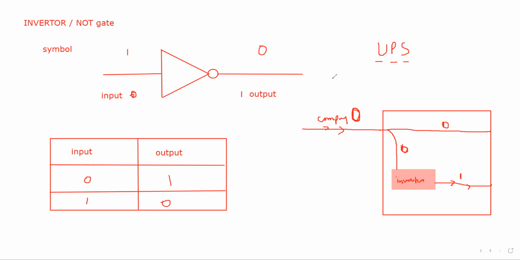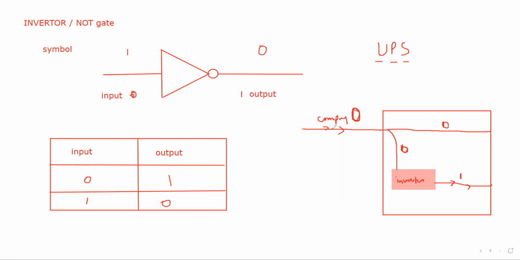And stabilizers are known as relays. A stabilizer is not an inverter, because a stabilizer stabilizes the voltage, making a constant voltage. It's not using an inverter. What an inverter does is, if the input is high, the output will be low. And if the input is 0, the output will be high.